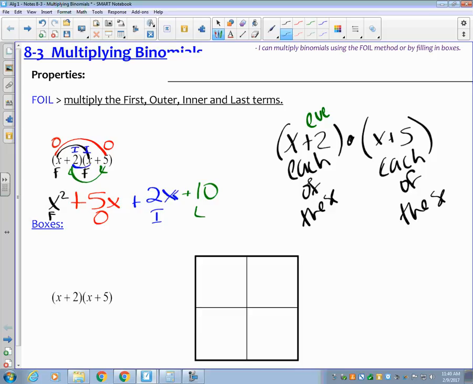FOIL is just a way to make sure you're tracking. So x and a 5 are going to get multiplied both by this x here. X and the 5 are both going to get multiplied by this 2. So everything is going to get a chance to get multiplied by each item in the other parentheses. So you're just making sure everybody gets multiplied by the x first, and then each one gets multiplied by the second part first as well.